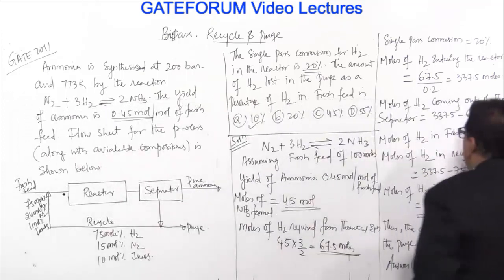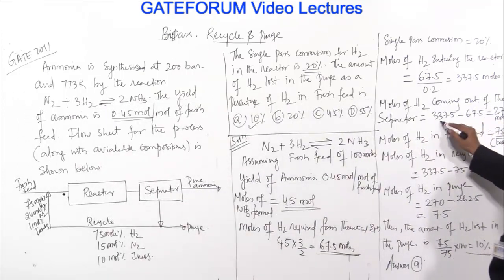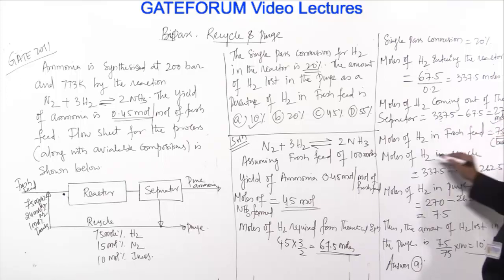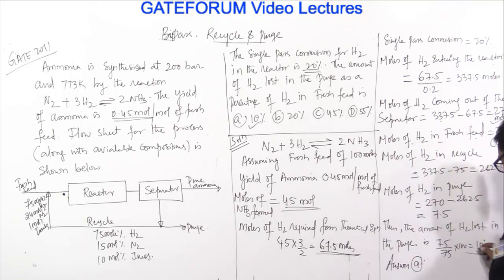The moles of H2 coming out of the separator is 270 moles. So all the things are calculated. Finally, the answer is 10%.